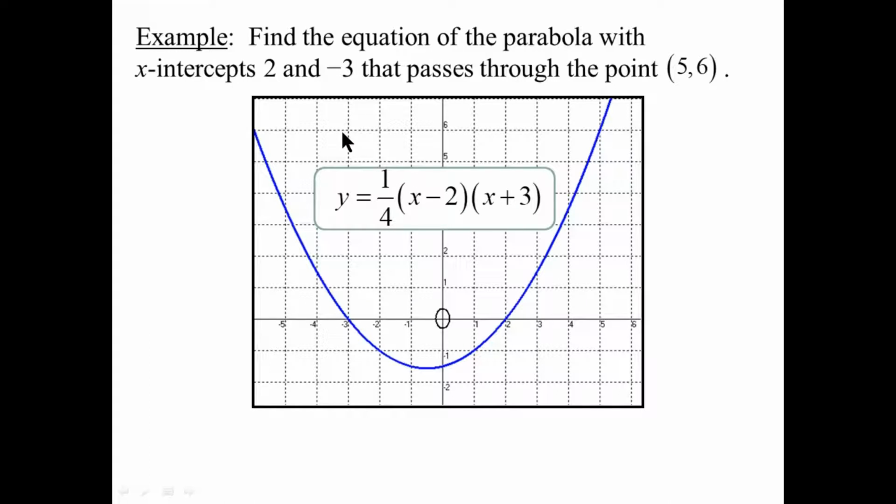Does it have x-intercepts 2 and minus 3? There's (2, 0), and there's negative 3. So it has the right x-intercepts. Does it pass through the point (5, 6)? There's the point (5, 6). So yes, that's the parabola that fits the bill.